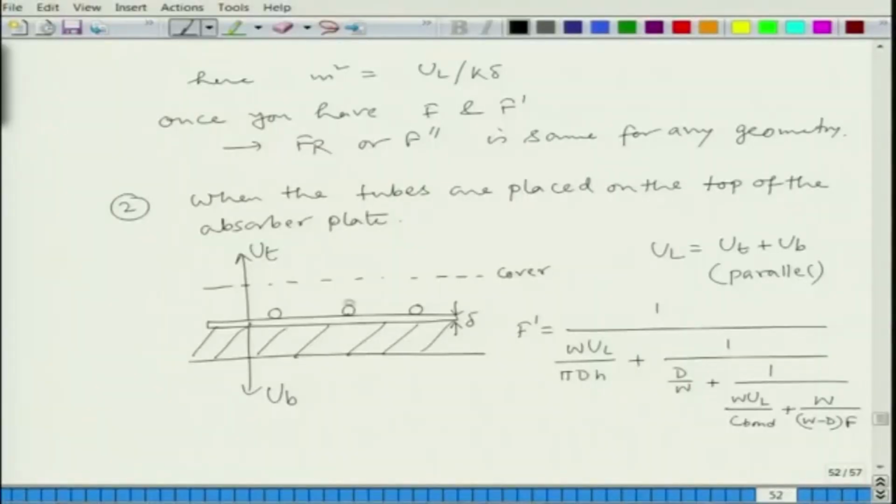Now you are exposing the tubes directly to the loss to the ambient through radiation, and it also exchanges heat with the cover, through radiation as well as convection. And here this fin efficiency factor stays the same.